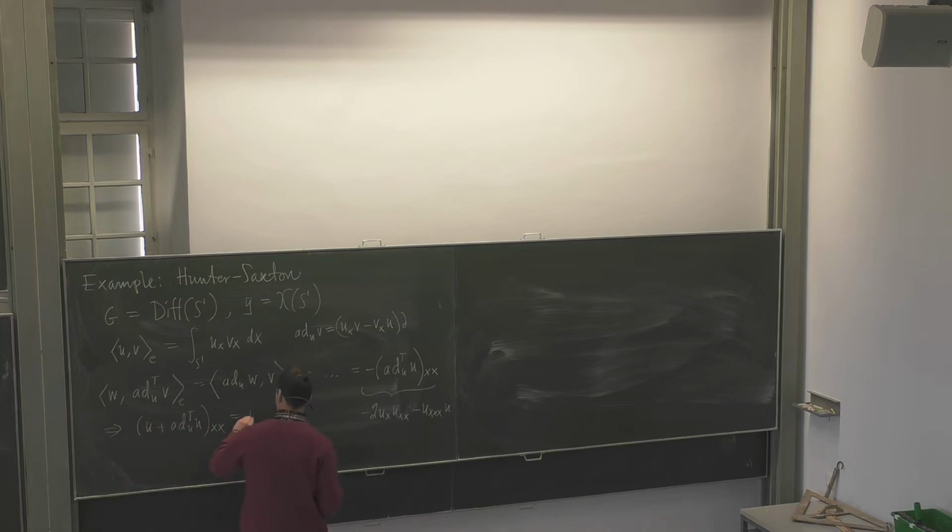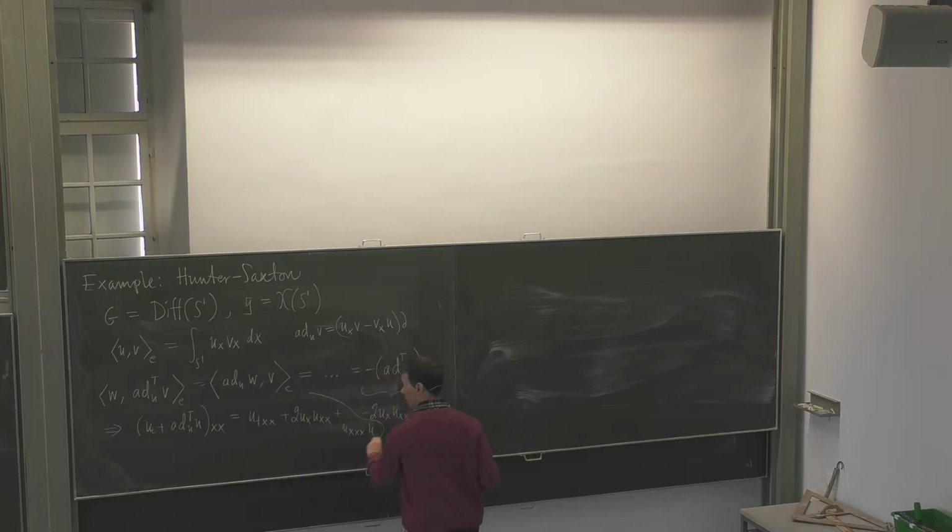What we get is u_txx, where u_t is the time derivative, plus 2 u_x u_xx plus u_xxx u.